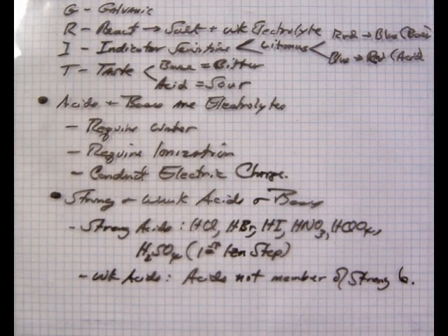Anything not a member of the strong six. In some published literatures, you will find more than 6 acids listed as strong acids, things that have a high degree of ionization. H2SO3, sulfurous acid, is frequently listed.